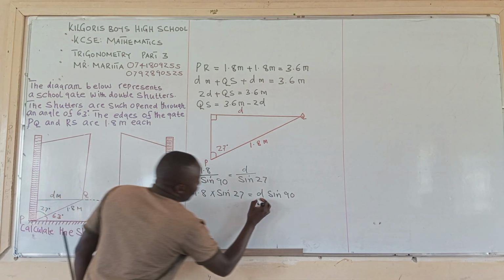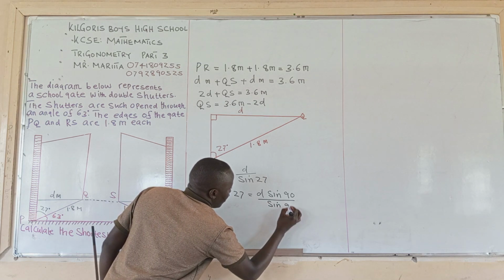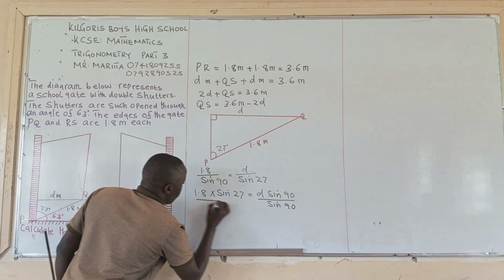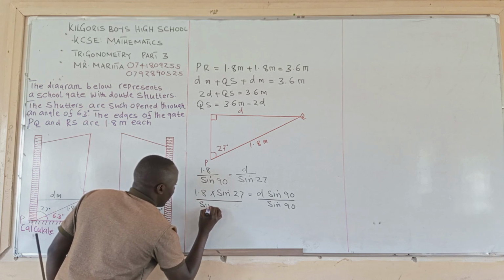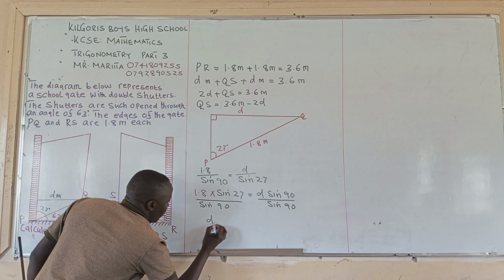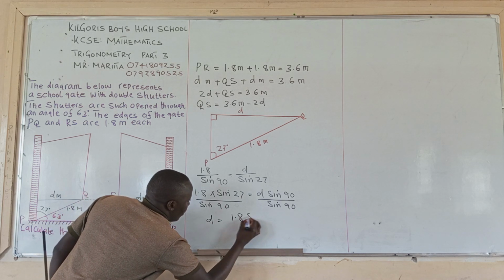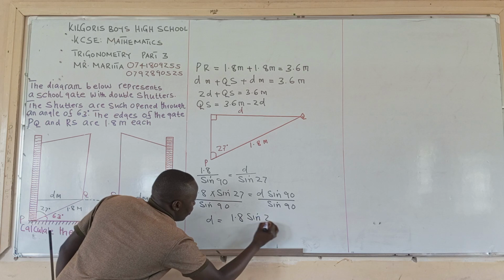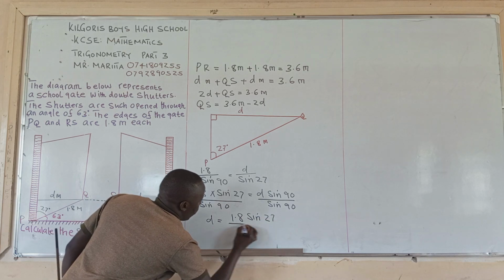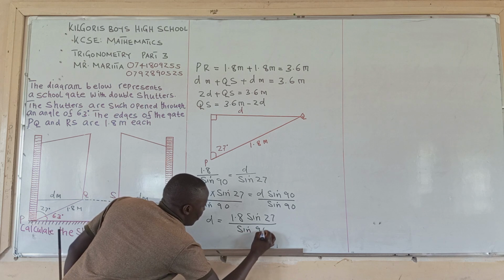So to have d, you divide both sides by sine 90, such that now our d will be equivalent to 1.8 times sine 27, divided by sine 90.